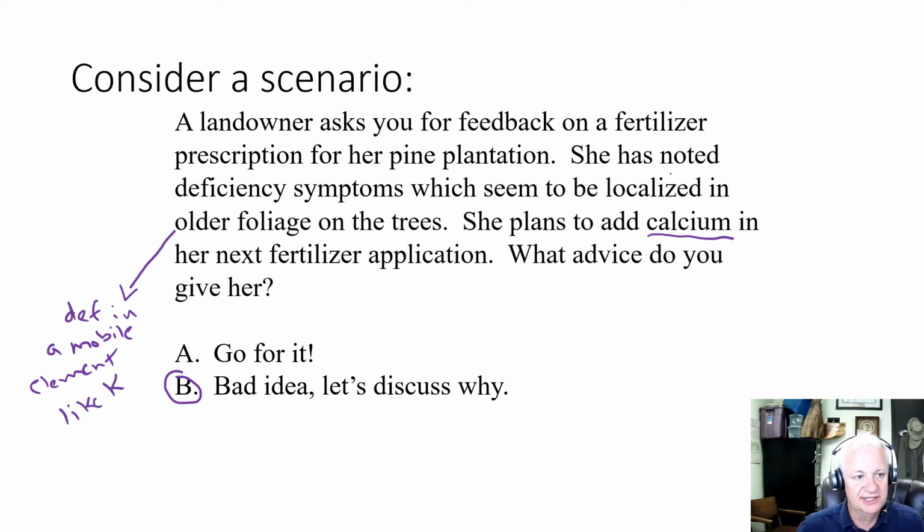We know that calcium is immobile, so calcium deficiency symptoms would tend to show up on newer foliage. So we can probably eliminate calcium. Now, determining what other elements might be deficient, we probably need to do nutrient analysis on that foliage. But at any rate, we can probably eliminate calcium in this case.